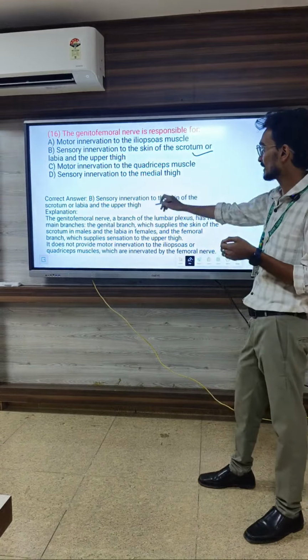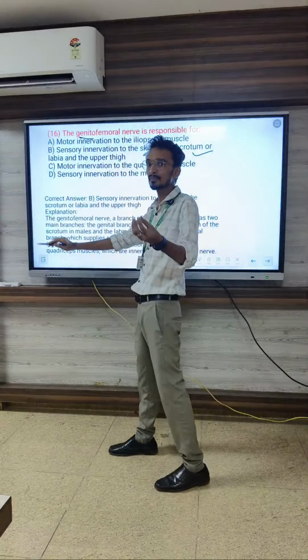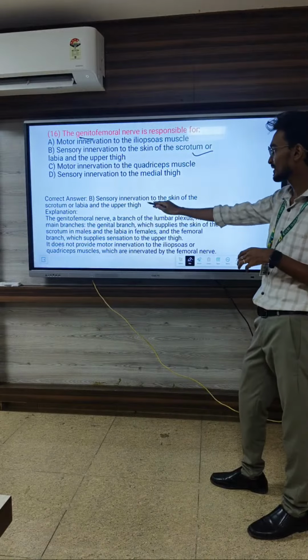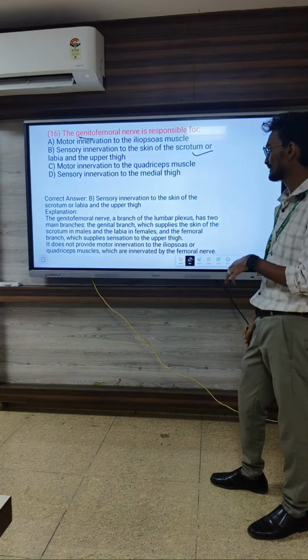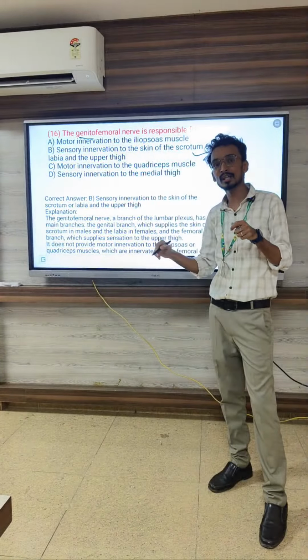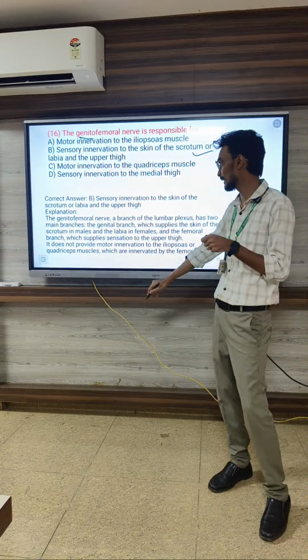It supplies, as the name says, genito, which means genitals. We are speaking about the genitals. Genitofemoral. If you see the explanation, the genitofemoral nerve, as a branch of the lumbar plexus, has two main branches. I gave this in the introduction. It divides into two branches, the genital branch and the femoral branch.